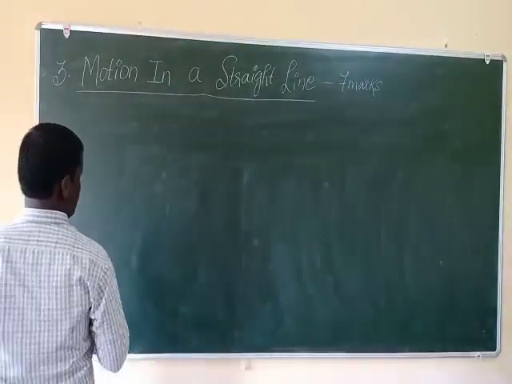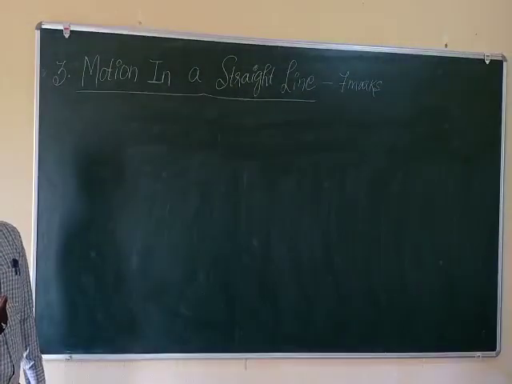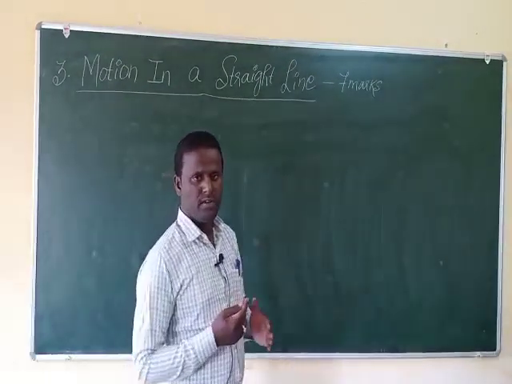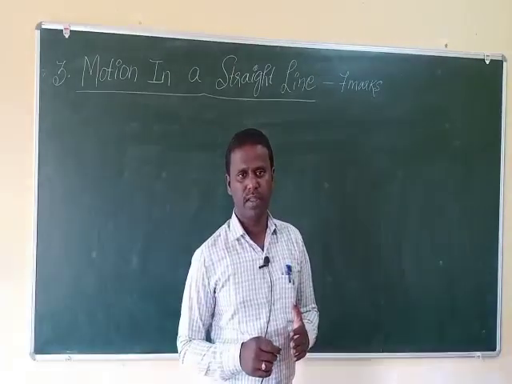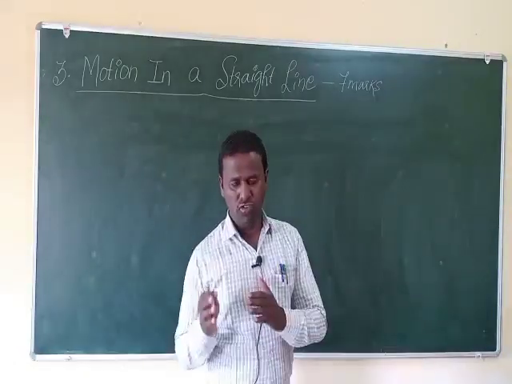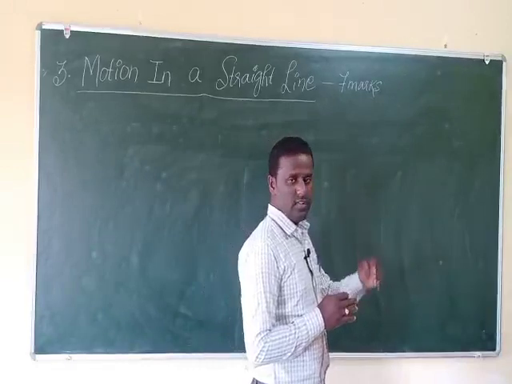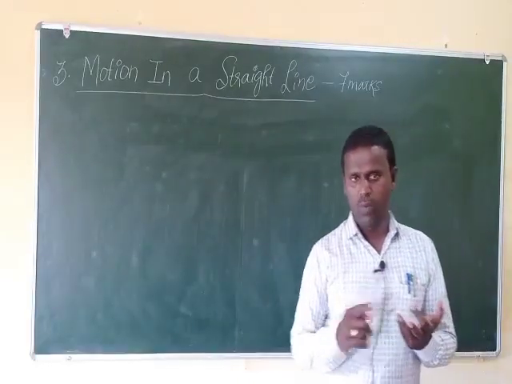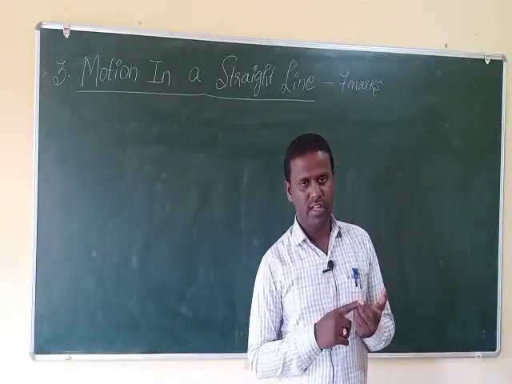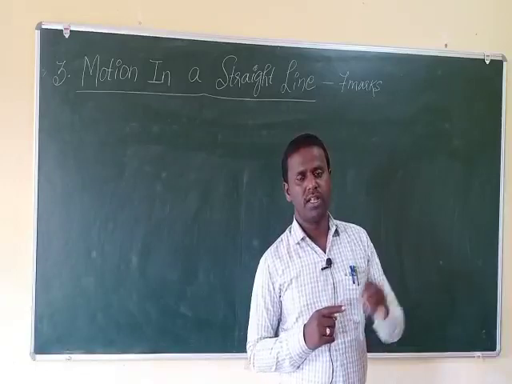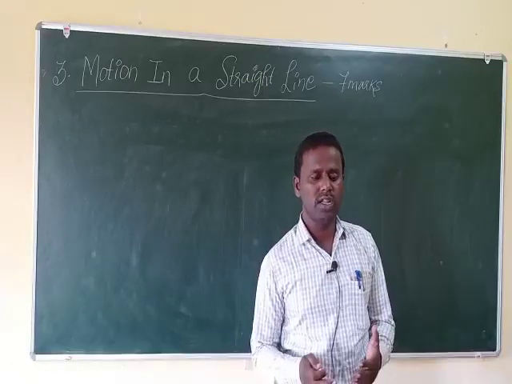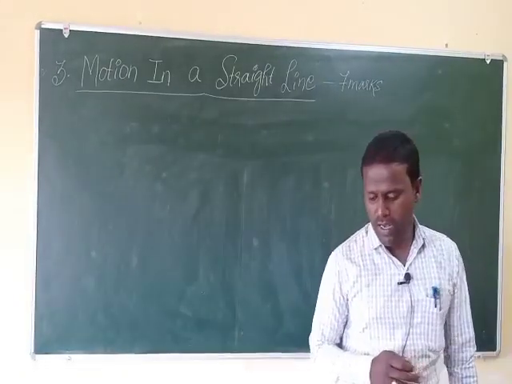Next you will see the different types of motion, and you learn terms like displacement, distance, speed, velocity, acceleration. You will learn the definitions of these terms, what speed means and how it is different from velocity. Speed, velocity, acceleration, distance and displacement are the 5 important terms which describe the motion of a body.